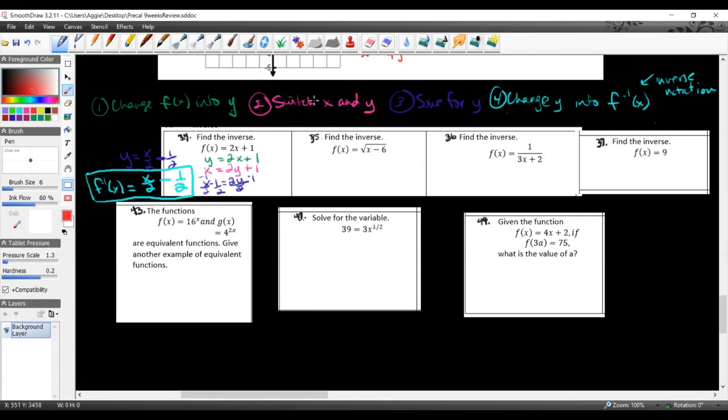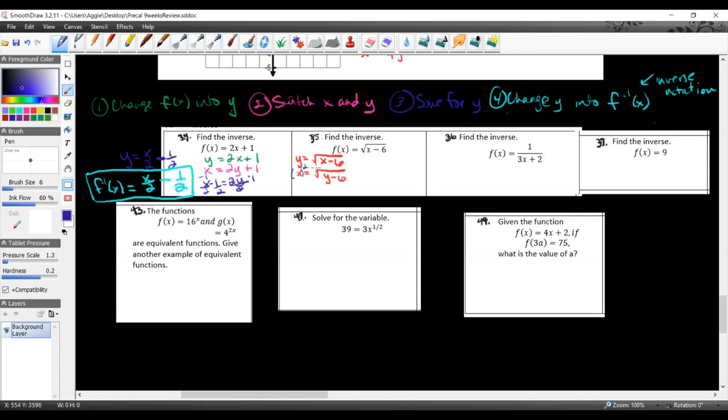I have to write a little bit smaller because I ran out of room. So this first step would be y equals the square root of x minus 6. Okay, then I'm going to switch x and y. So x equals the square root of y minus 6. Okay, then I'm going to go ahead and solve. So to solve for this one, I would have to square both sides.